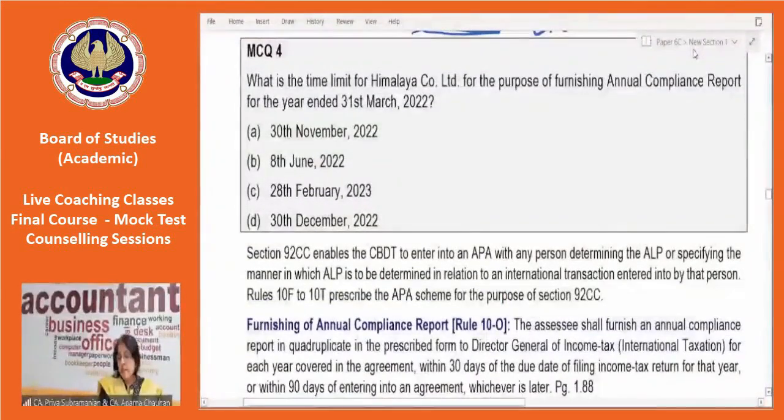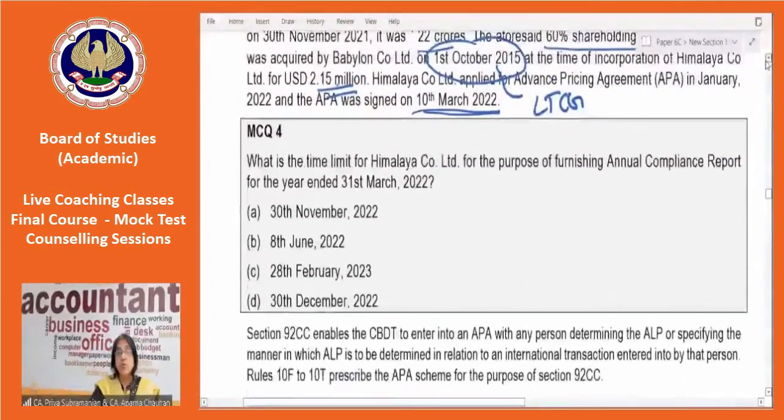So the next question is, what is the time limit for furnishing the annual compliance report for the year ended 31st March 2020? Here the thing is, the Union wants to apply for an advance pricing agreement in Jan 22, and the agreement was signed on 10th March 2020.